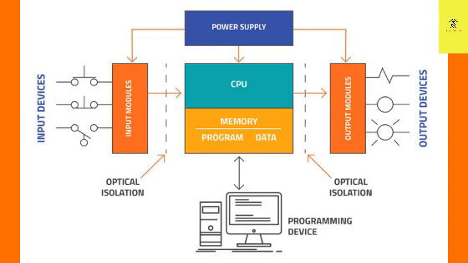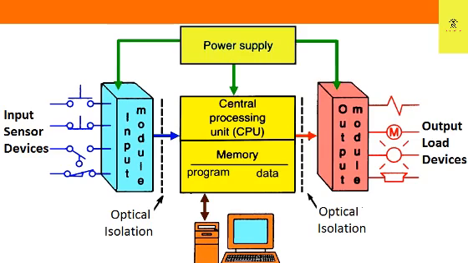Input modules receive signals from sensors, switches, and other devices, providing the PLC with information about the process. The output modules send control signals to actuators, motors, and other devices, allowing the PLC to influence the process.